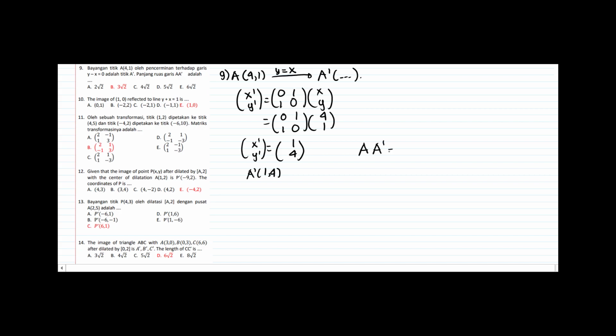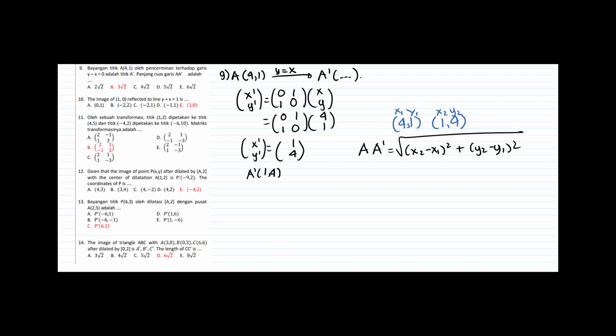A accent. The formula is root of (x2 minus x1) square plus (y2 minus y1) square. The points will be 4,1 and 1,4. This one is x1, this is y1, x2, y2. Okay, put it into the formula.